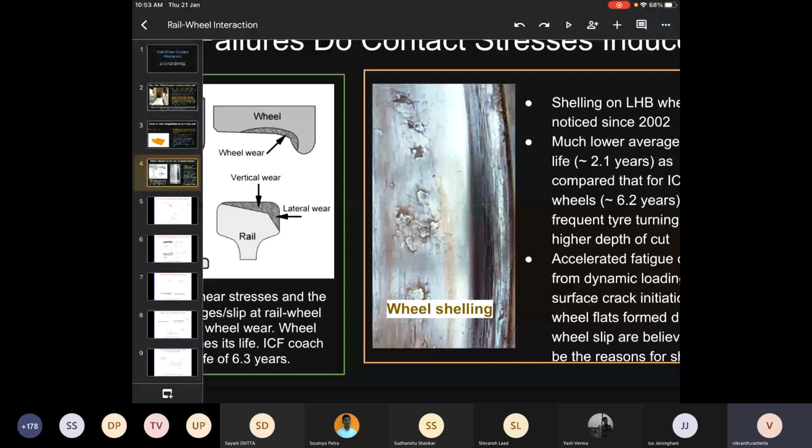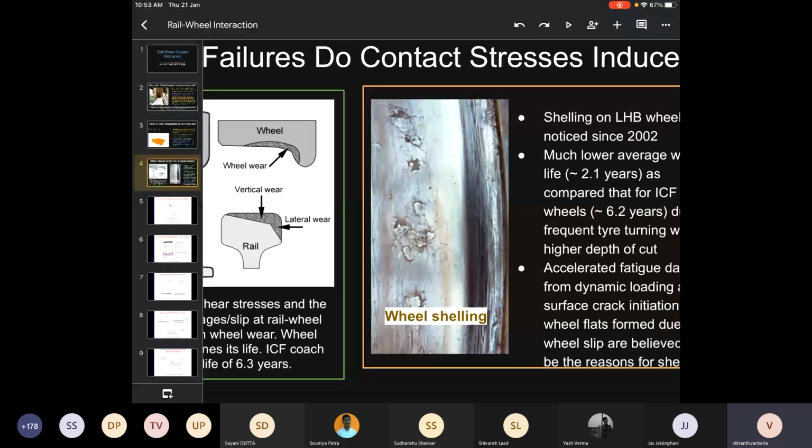By the way, these ones are Rajdhani wheels. Rajdhani trains have this big problem of wheel shelling because they move at higher speeds, there are higher dynamic loads, and the material fails.